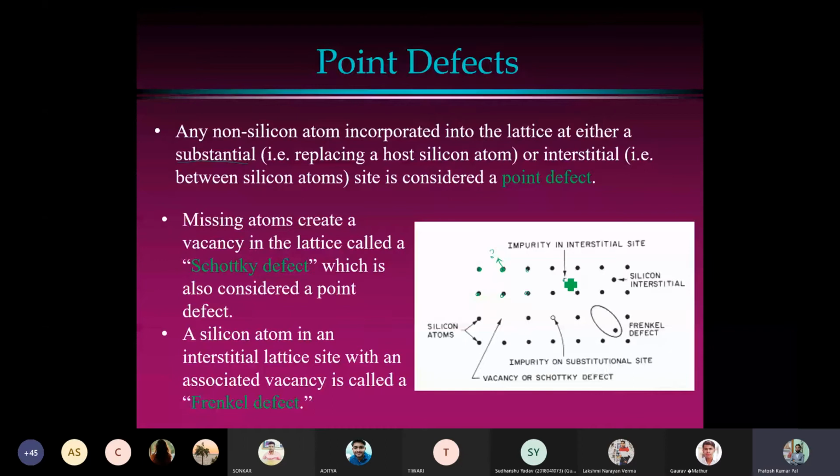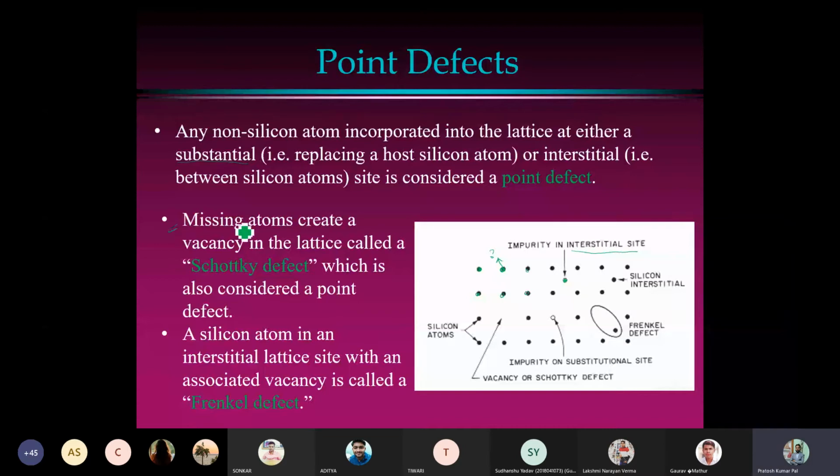So one is substitutional, which replaces the silicon atom with some other element at the place of silicon. That is called a substitutional site or substitutional location. Another one is interstitial. In between the silicon, whatever gaps are there, if some element or impurities are present in those gaps, that will be called an interstitial defect.